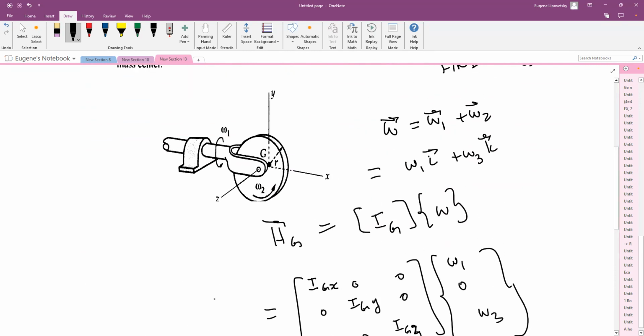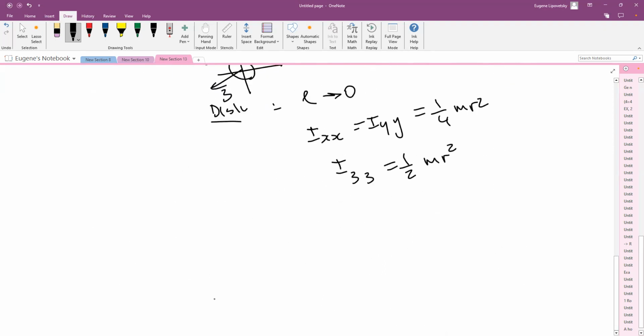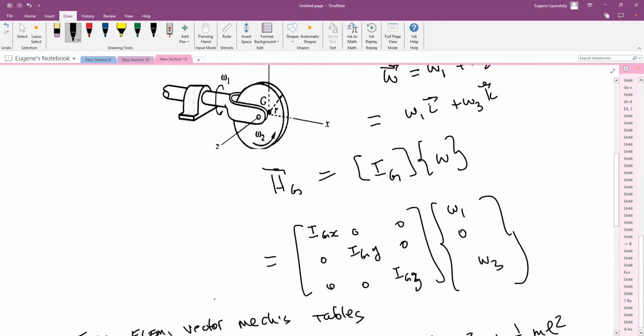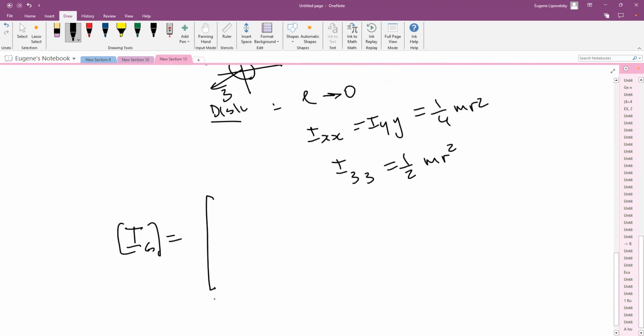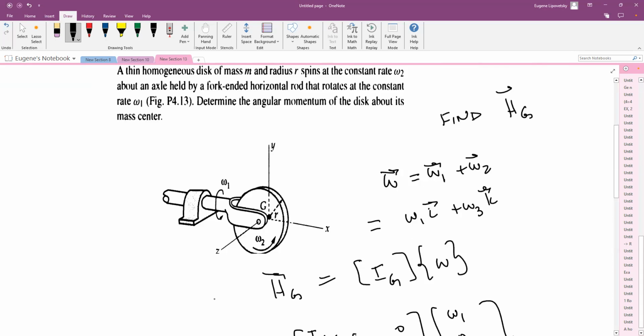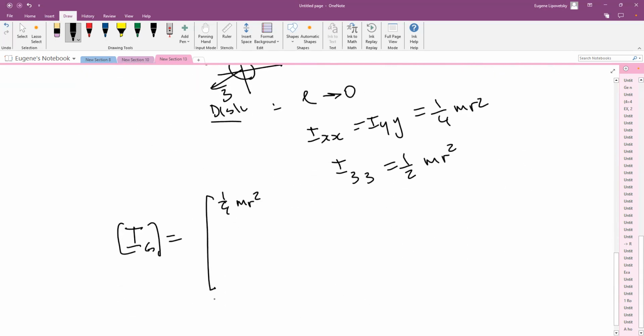So that means in our case, the Z is there, so we'll have that our I matrix about G is equal to: XX is 1/4 of mr squared, YY is 1/4 of mr squared, and ZZ is 1/2 of mr squared.